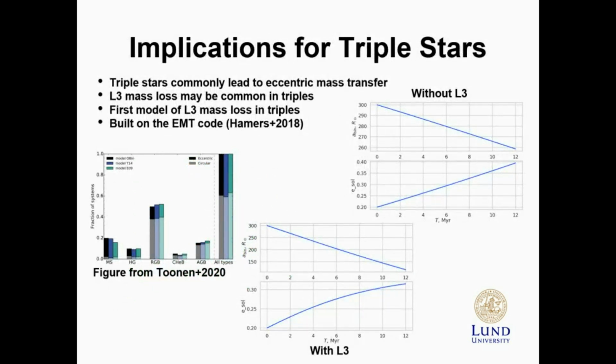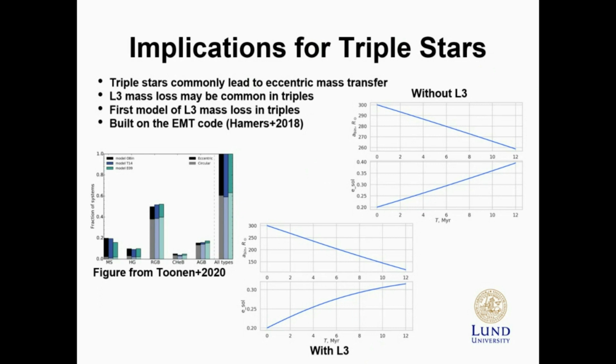And here I'll just outline the main idea from the implication of this L3 mass loss for triple stars. The thing about triple stars is that they are commonly known to experience the so-called eccentric mass transfer. In other words, if we have two stars with a triple companion, then the triple companion can induce eccentricity oscillations for the binary it orbits.